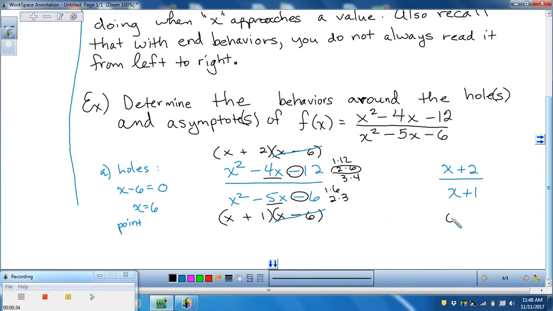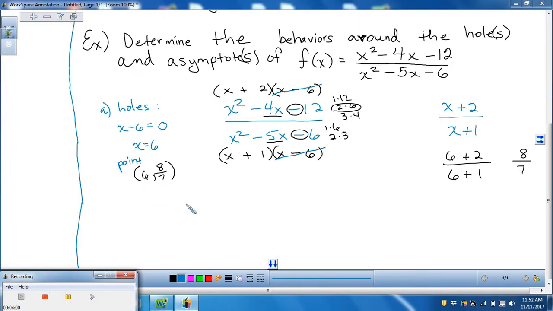So if I plug in 6 plus 2 in the numerator and 6 plus 1 in the denominator, I'm going to get a value of 8 over 7. So our actual point, or ordered pair, is 6, 8 over 7. Go ahead and pause and copy this down, and then we'll continue with the rest of the problem.